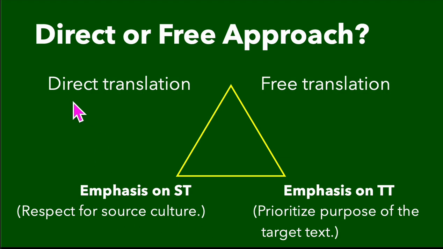So a contract is an example of something that we would lean more towards a direct translation and emphasis on the source text. In the case of the contract, it doesn't have anything to do with respecting the source culture necessarily, but rather the source text itself, wanting to have as close as possible to the source text.